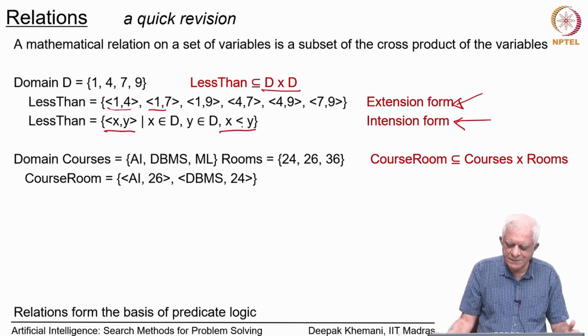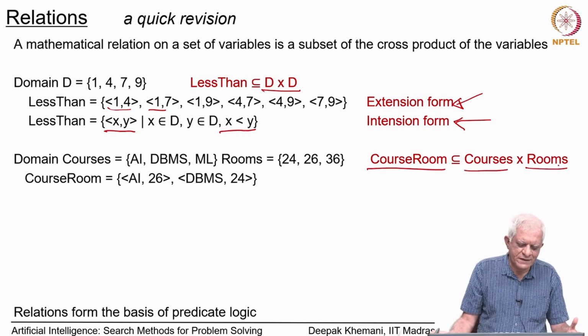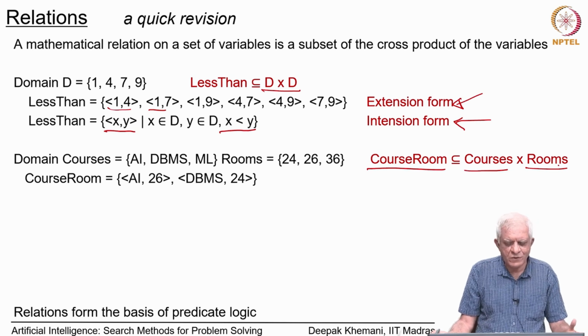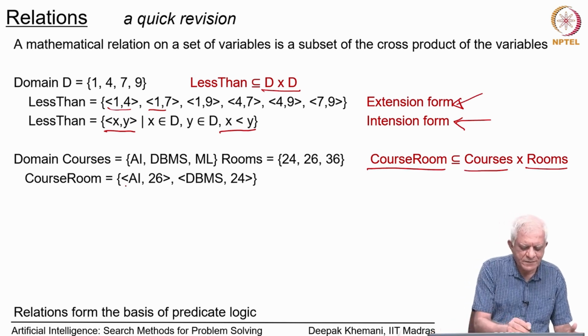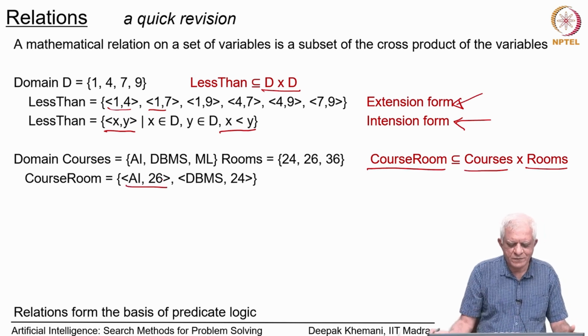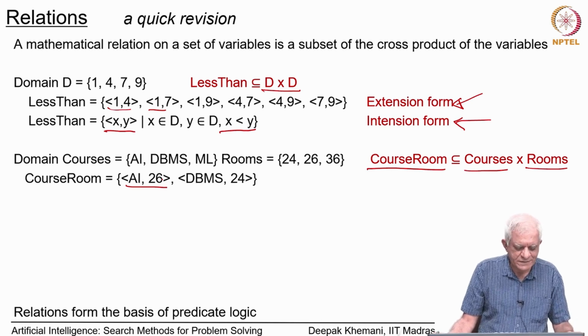And in this particular example, we are talking about a relation called which course is in which room, and it is a subset of courses cross rooms, as you can see here, and it is again a pair in this case. Again, this is a binary relation between 2 elements, and the relation basically says, for example, that AI is in room number 26 and DBMS is in room number 24, and that is what this one says. You may have more courses and more relations.